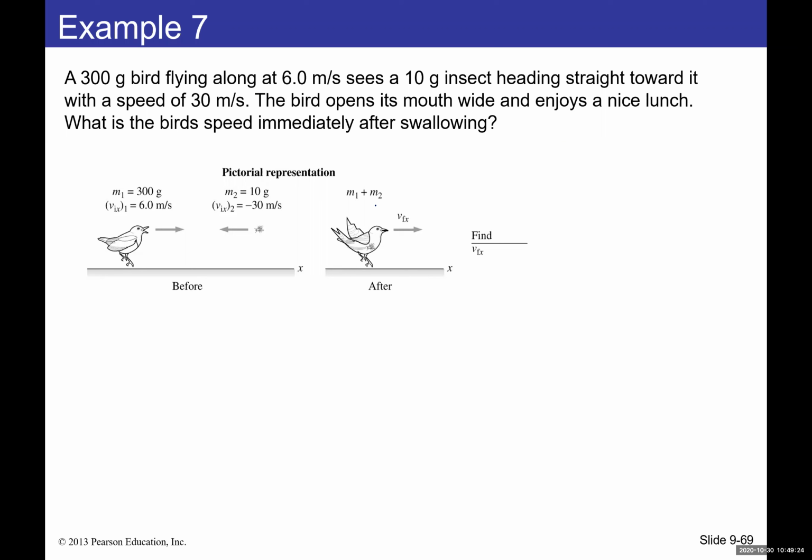So then we can say that M1 V1 initial plus M2 V2 initial equals M1 plus M2 times V final.